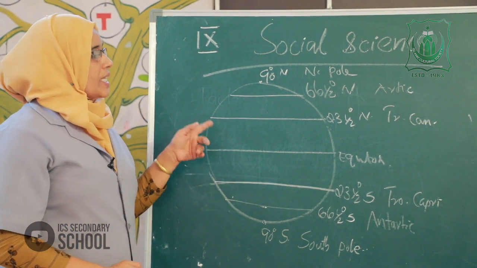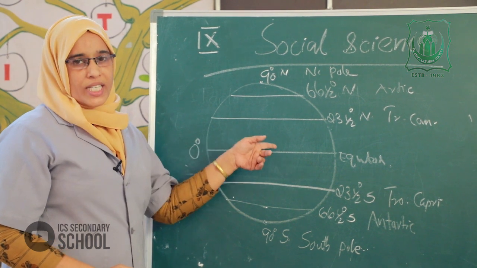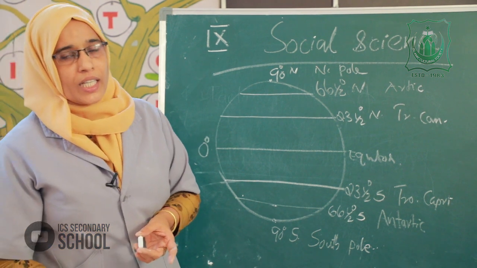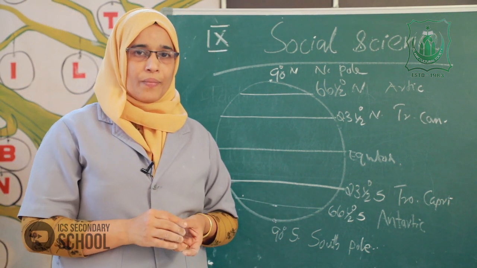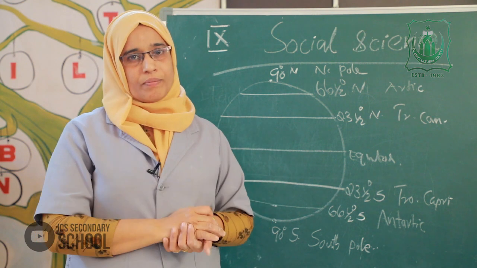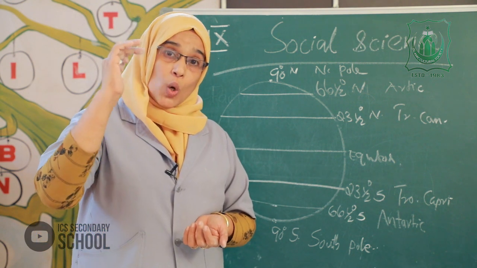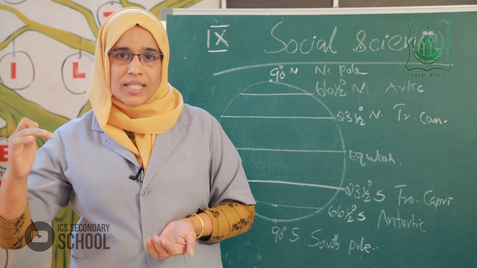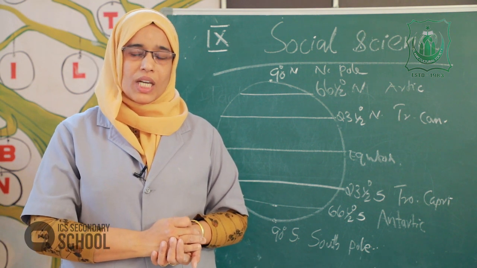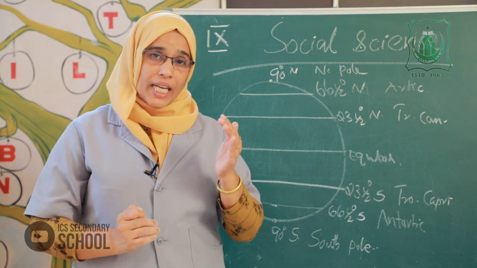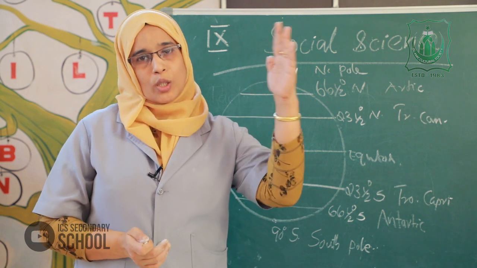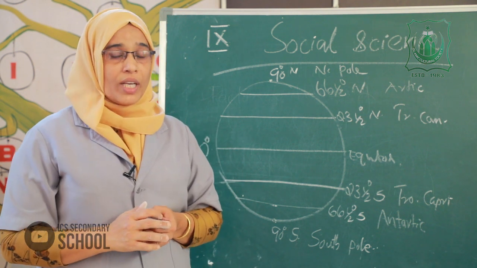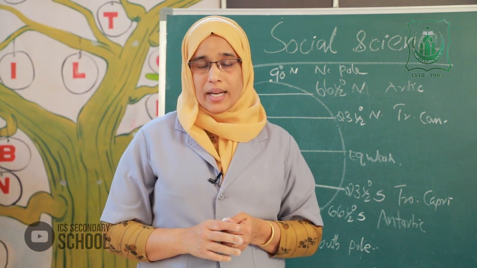Okay, clear? 0 degree equator, 23.5 north Tropic of Cancer, 23.5 south Tropic of Capricorn, 66.5 north Arctic Circle, 66.5 south Antarctic Circle, 90 degrees north North Pole, 90 degrees south South Pole. These are the 7 major latitude lines.